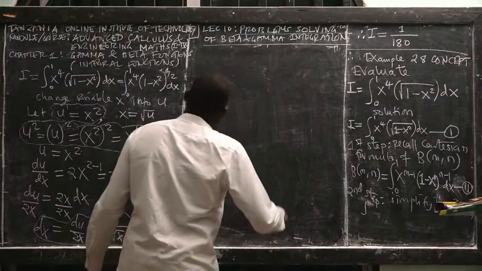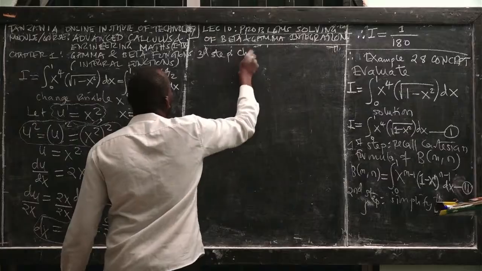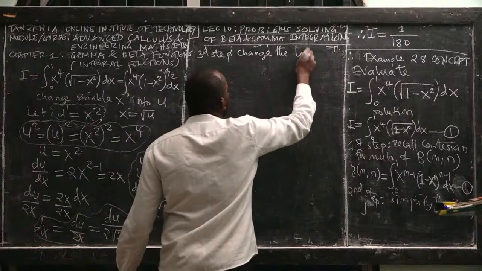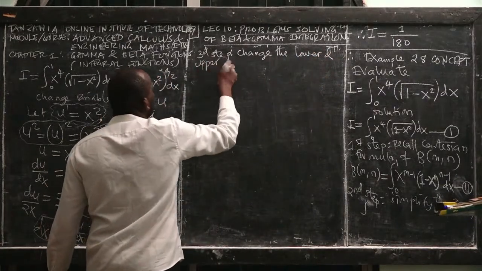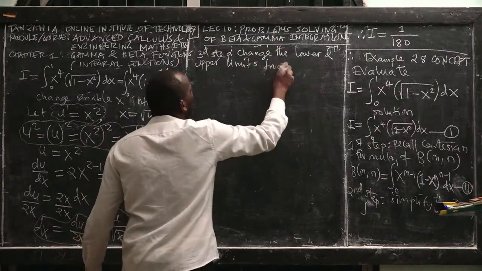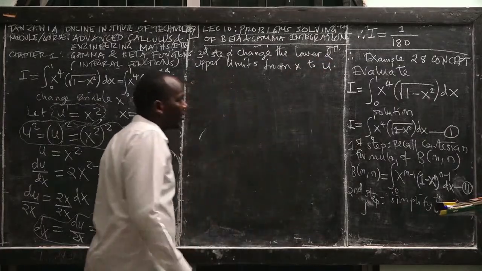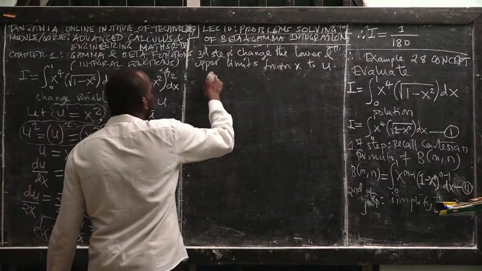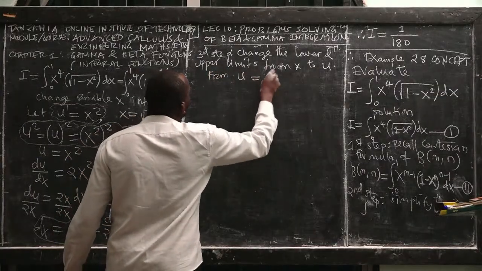So third step, we change the lower and the upper limits from x to u. How do we change them? From the mathematical equation, u is equal to x square.